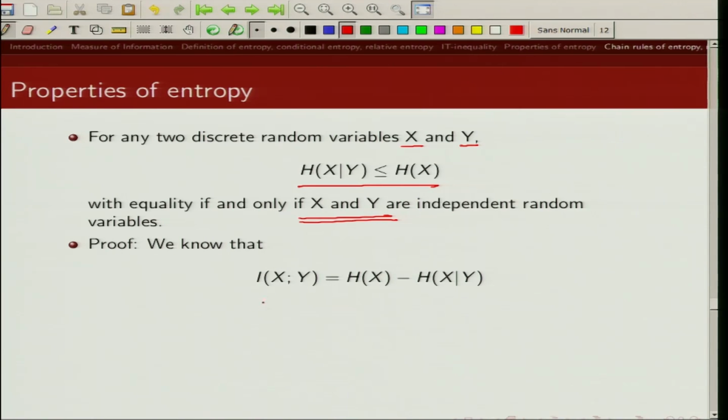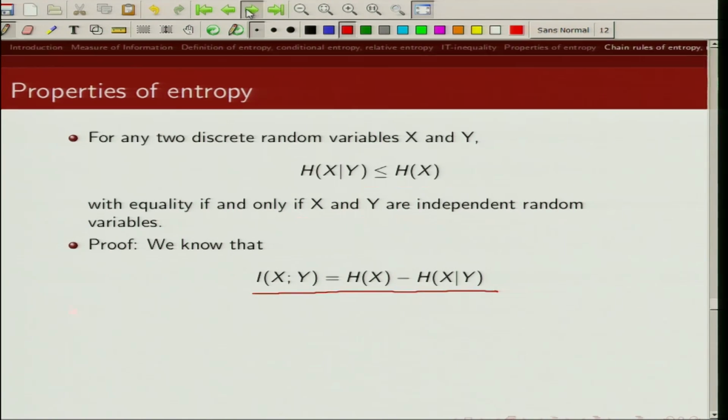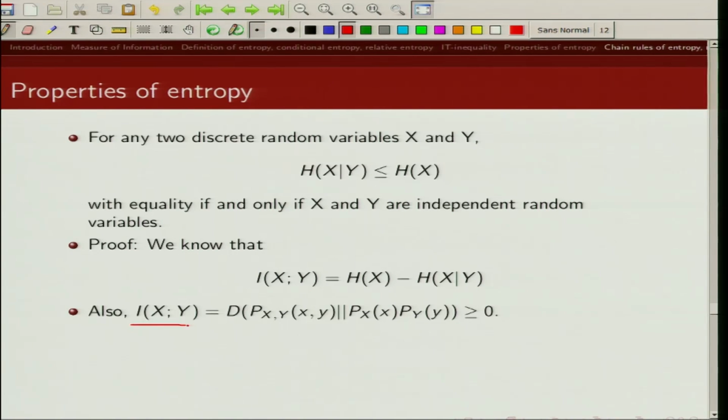There are a number of ways you can prove it. Now mutual information can be written like this: it's uncertainty in x minus uncertainty in x given y. Now we also know that mutual information is nothing but the relative entropy or divergence between the joint distribution of x and y and the product of the marginals p of x and p of y.